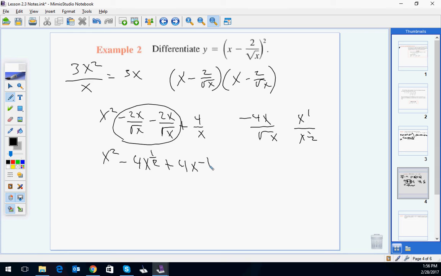Okay, so we have 2x here minus 2x to the negative 1/2. 1/2 of 4 minus 1 is a negative 1/2. We'll take care of that in a second. Negative 4x to the negative 2.